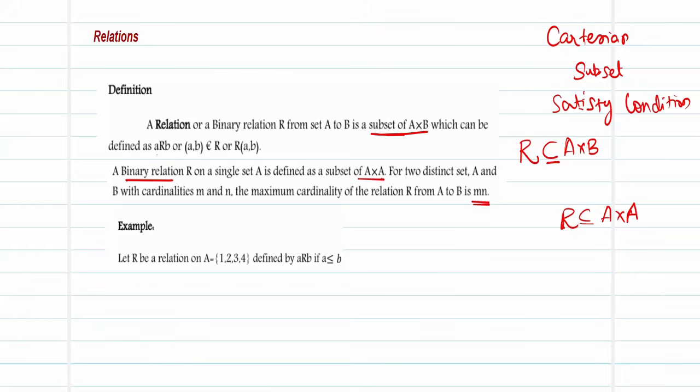Let us now have the relation on A to be defined as a related to b if a is less than or equal to b. So what is my Cartesian product A cross A?